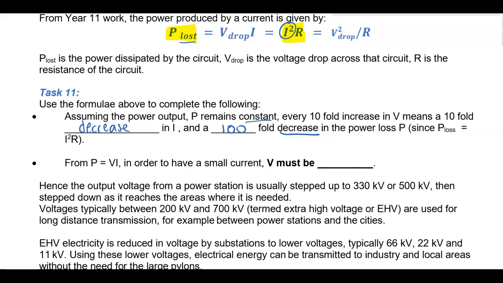So from P equals V times I, in order to have a small current, the voltage you transmit the electricity at must be large, maximized, as big as possible.